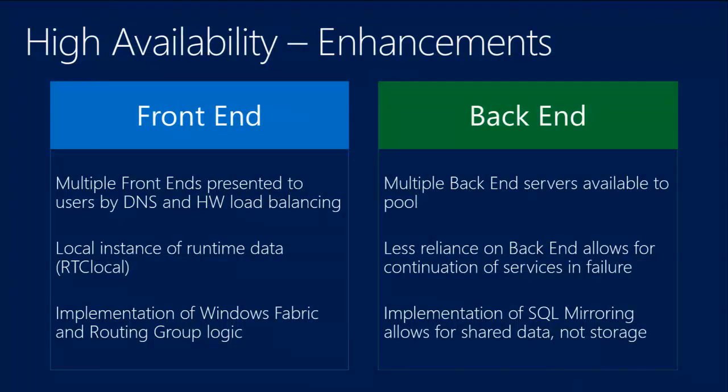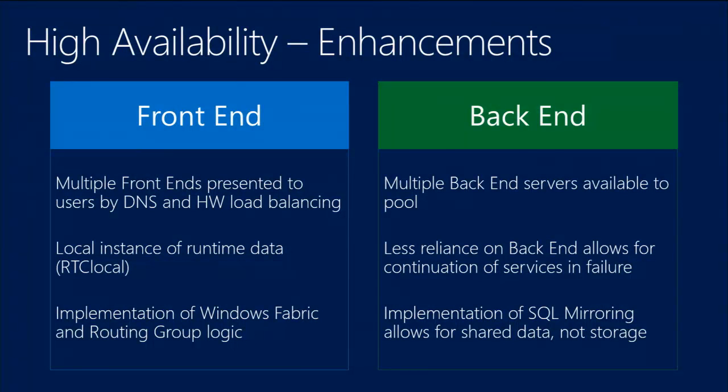What we've done here in 2013 is we've actually enabled or built logic for SQL mirroring. This actually allows for shared data between two SQL instances, but not shared storage. So shared storage, maybe from a cost perspective, wasn't such a big deal for customers, but what we found is it was the single point of failure. You had two great servers, but if you had a problem at the storage level, everybody's hosed. And our intention was to move away from that.